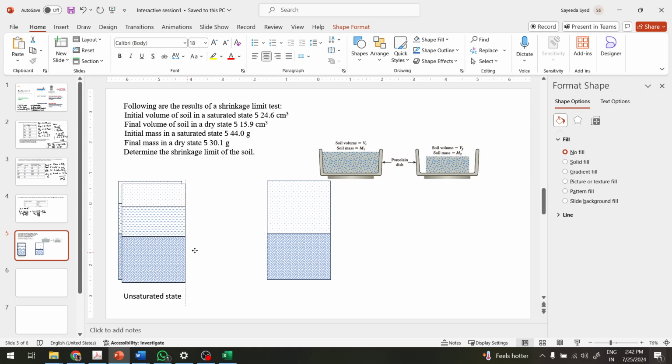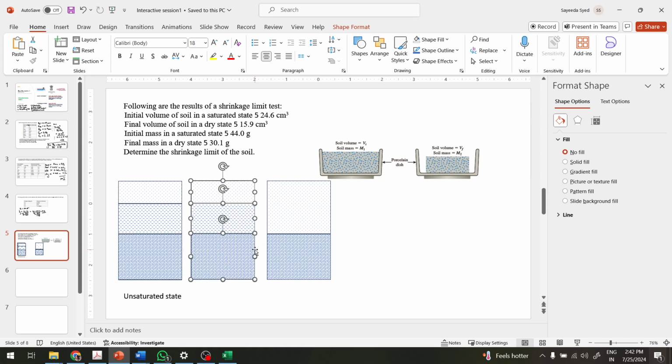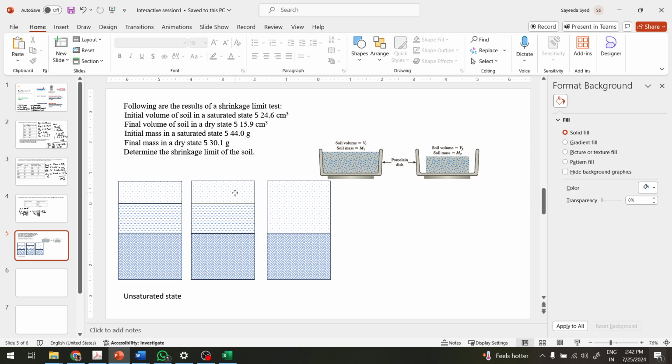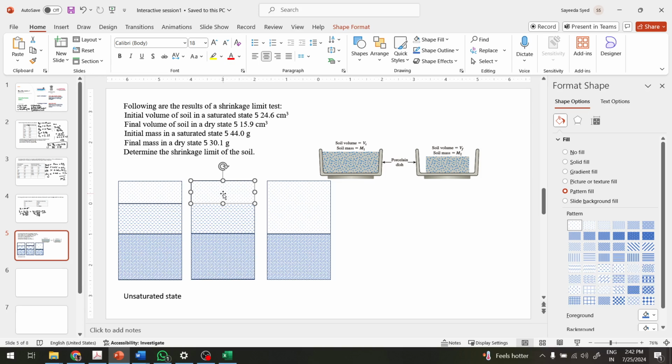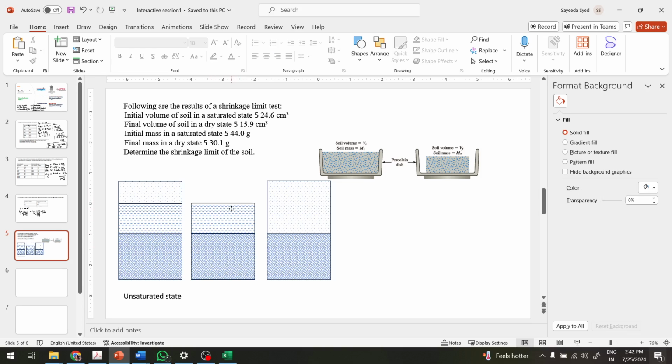So what will happen is that all of these voids will be filled with water.